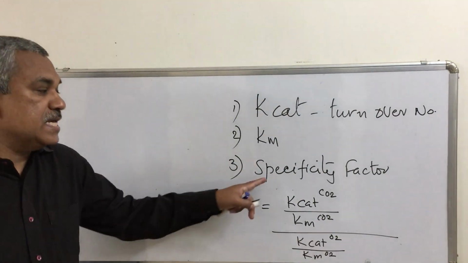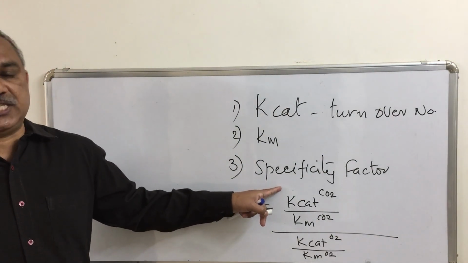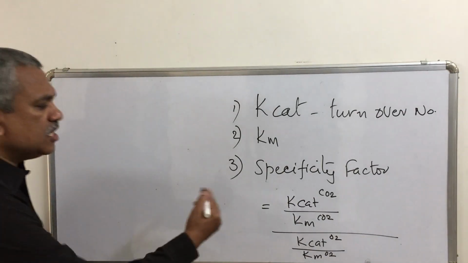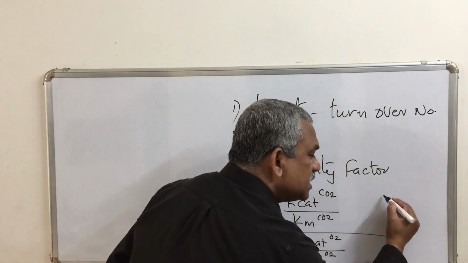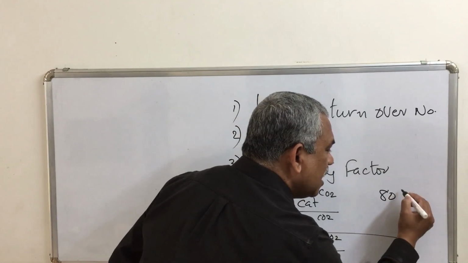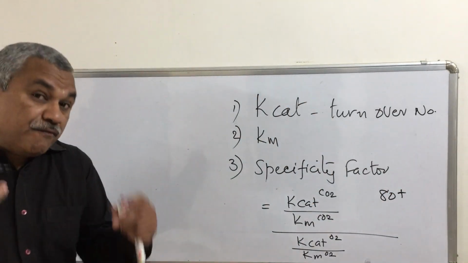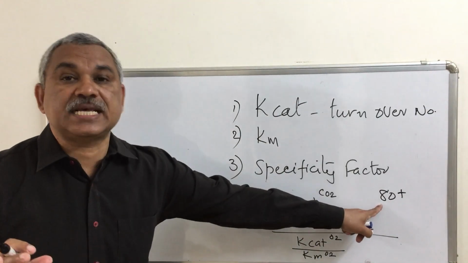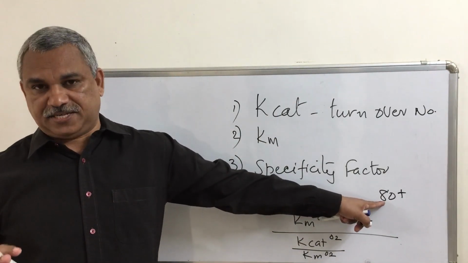This ratio is the specificity factor. Generally, for large plants, the specificity factor is roughly about 80 upward.